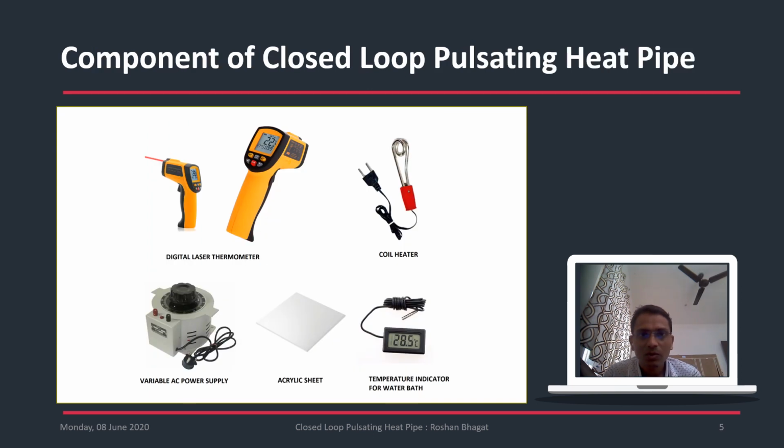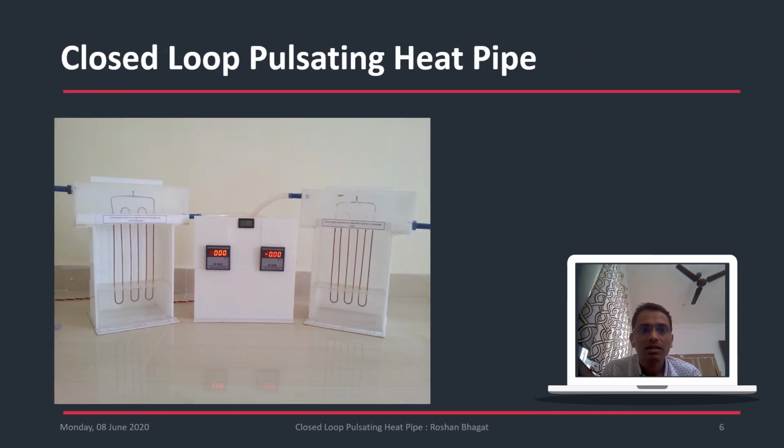So these are the components of closed loop pulsating heat pipe. You require a digital laser thermometer, coil heater, variable AC power supply, or we can say a dimmerstat, then acrylic sheet, and the temperature indicator for measuring the water bath temperature in the evaporator section. This is the closed loop pulsating heat pipe after fabrication.